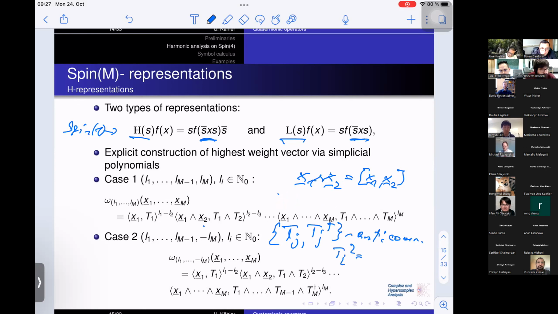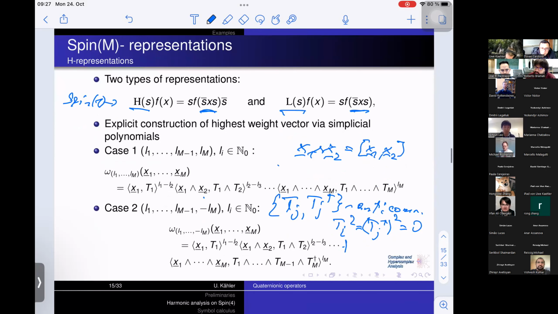They all square up to 0. Dagger squared, they all square up to 0. And the last one you have is basically that Ti Ti dagger plus Ti dagger Ti is 1. Just the identity. Such a basis is also called a Witt basis. If somebody wants the name, that's also called in the literature Witt basis.